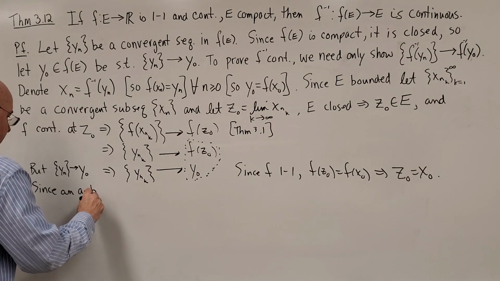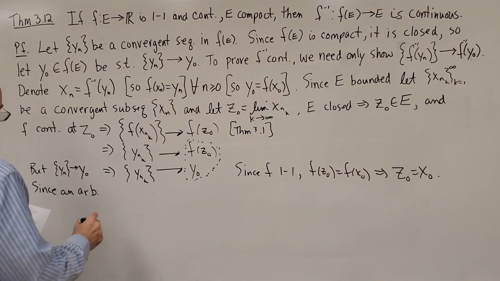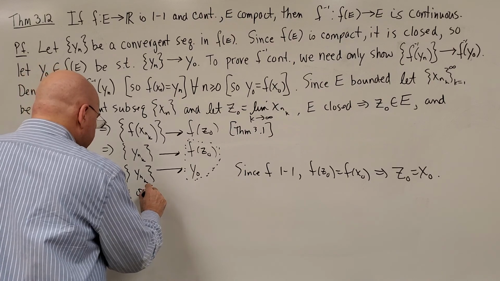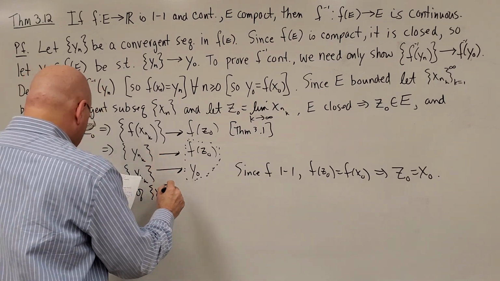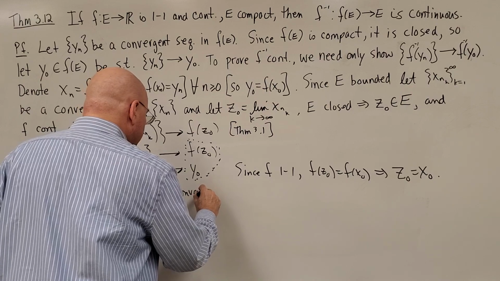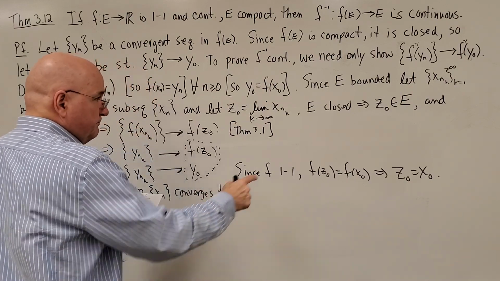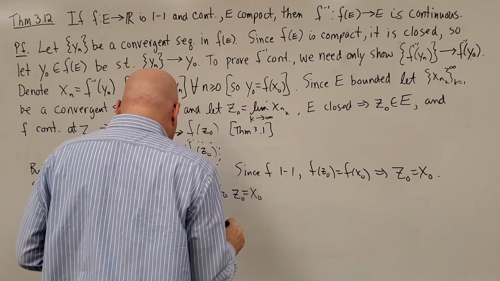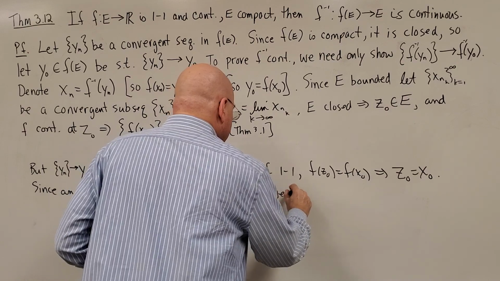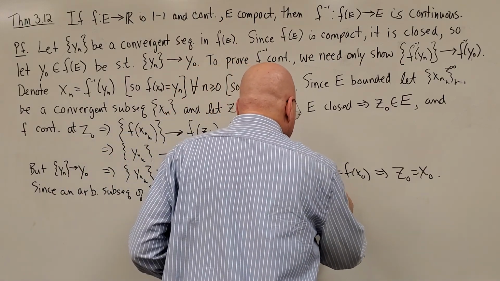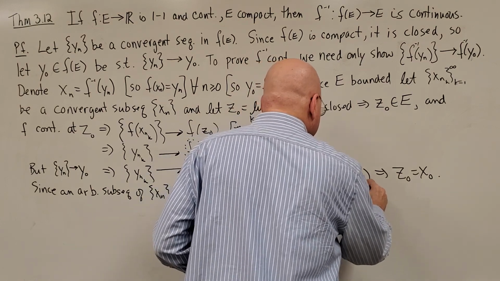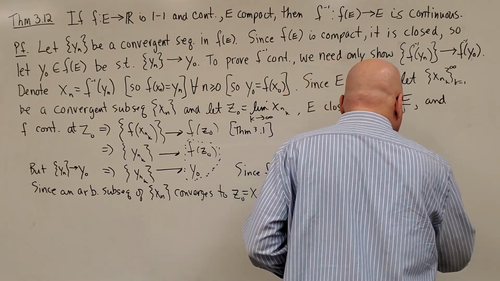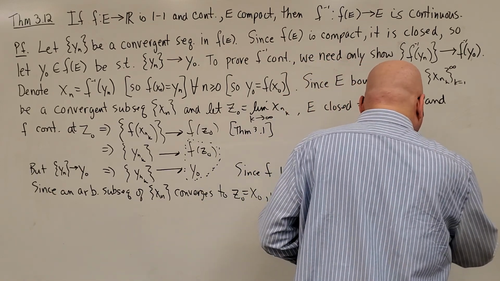Since an arbitrary subsequence of xn converges to z0, which is the same as x0, we see that xn converges to x0 by theorem 1.15.